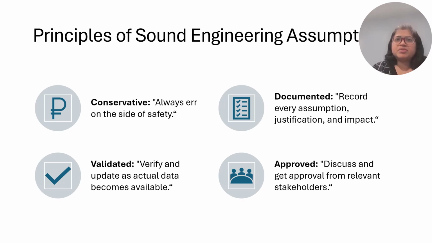There are strict principles for making assumptions. Number 1. Always err on the side of safety and over design rather than under design. That means be conservative. If you assume a pipe rack width, assume slightly larger to accommodate future unknown lines.